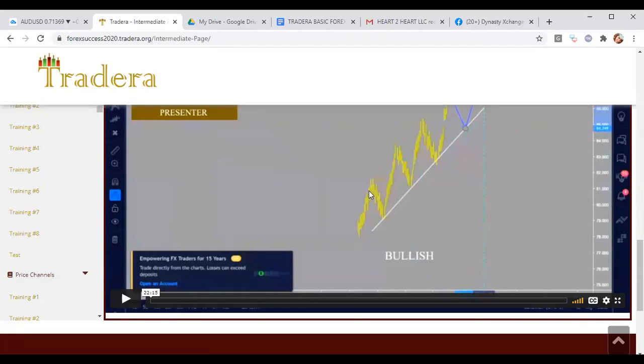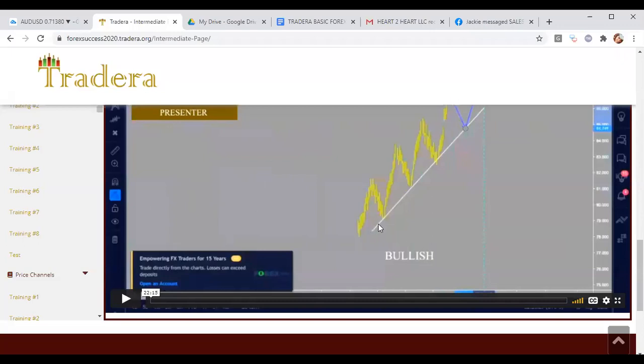Okay, so what we're going to learn today is about trend identification and how to draw a trend line. The trend line is the same thing as support and resistance. It's just that support and resistance is horizontal, and a trend line is slanted. That's all it is. Remember, as price moves, if it's going up, it looks like this.